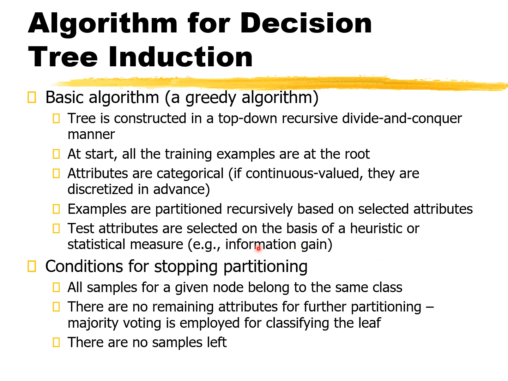This is what we are doing when we are constructing the tree, and it is called the greedy algorithm. Now, we also need to decide the conditions to stop partitioning. We cannot go on partitioning forever. We stop partitioning if all samples for a given node belong to the same class.